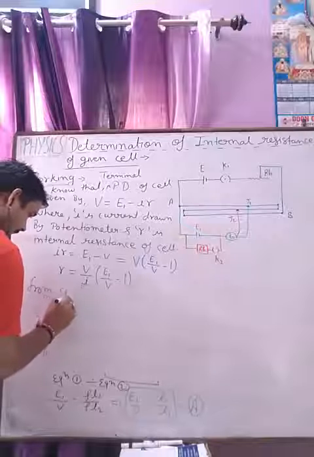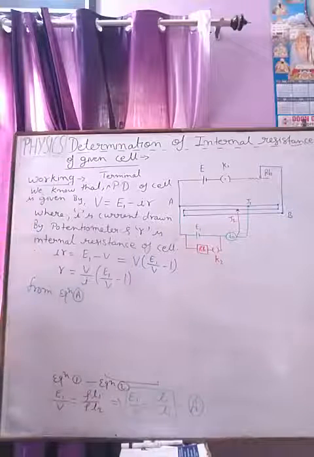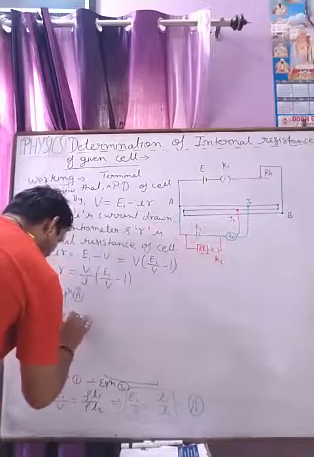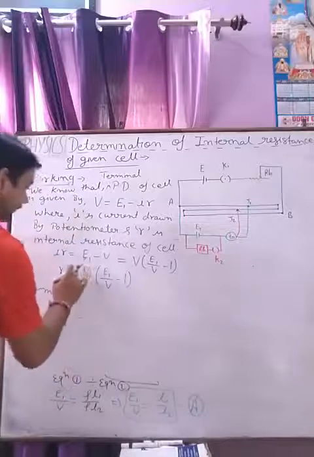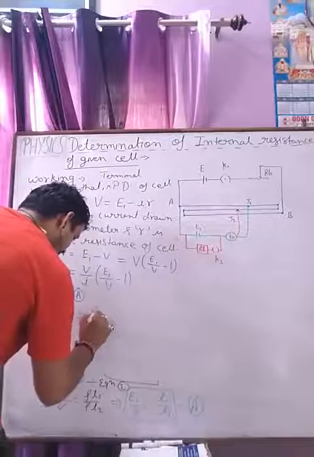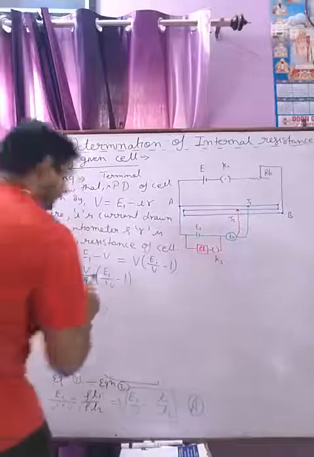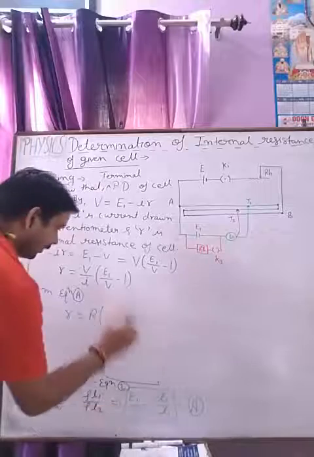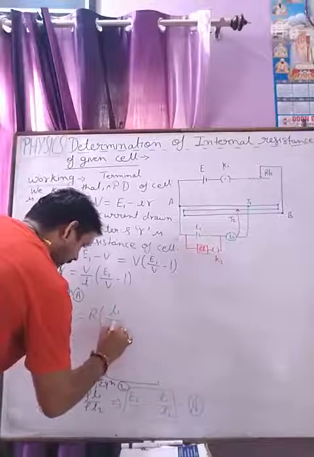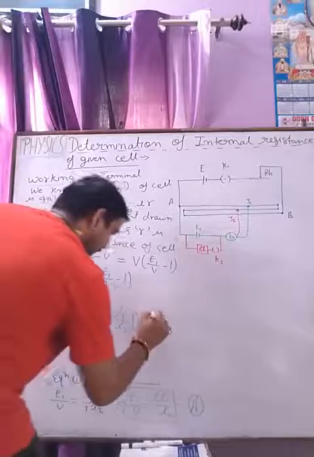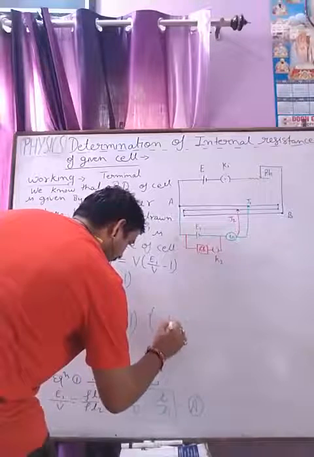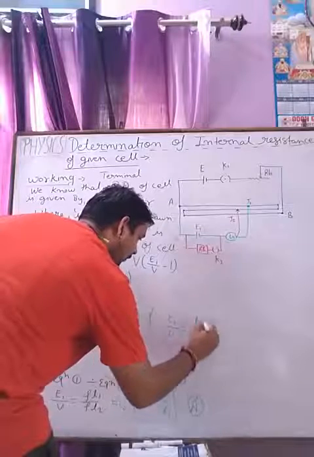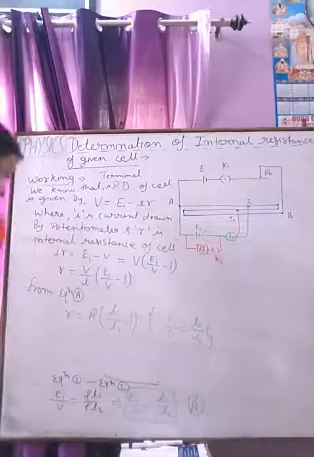From equation A, we have the resistance R, and E1 upon V is equal to L1 upon L2, so E1 upon V minus 1 is equal to L1 upon L2 minus 1, with the help of the potentiometer.